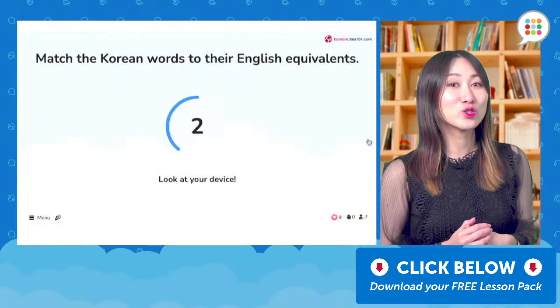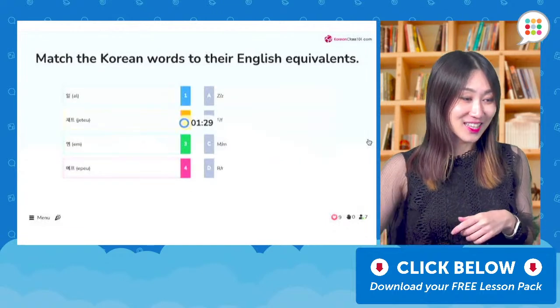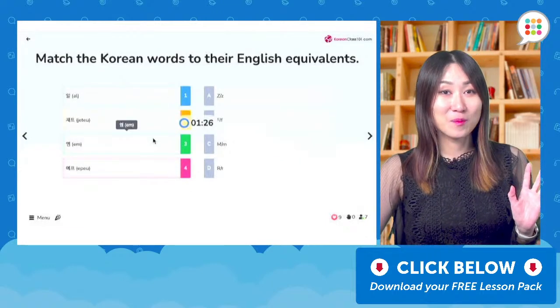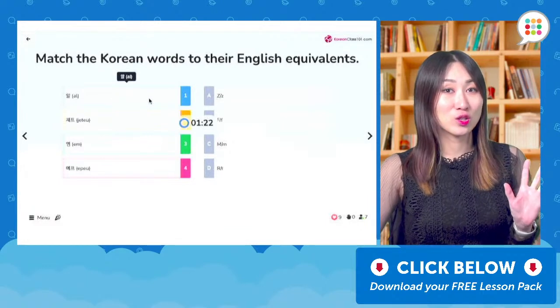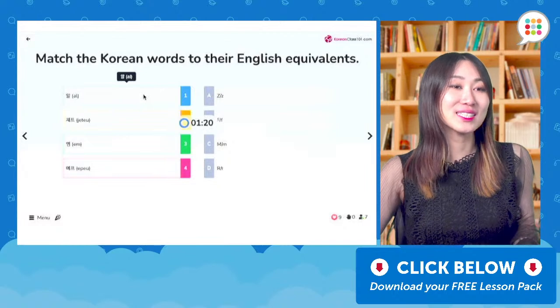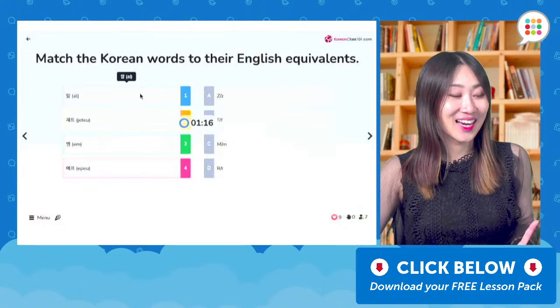Okay. Third question of the day is this. Match the Korean words to their English equivalent. So can you read these Korean alphabets correctly? Please match the correct one. So the first one is 알.